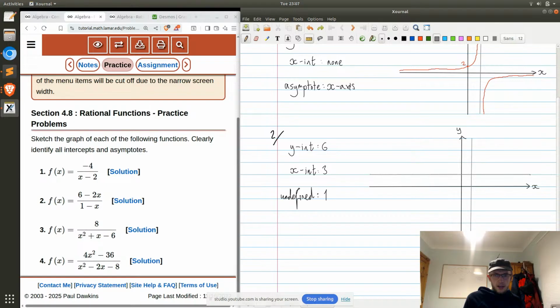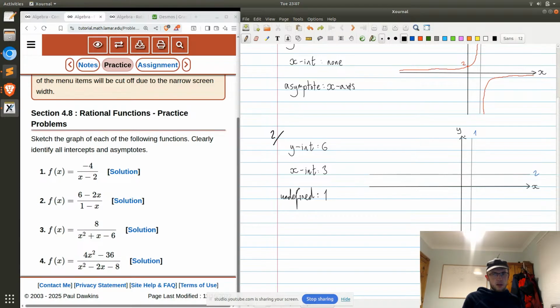So we're going to see if that's right. 2, and we'll call that 1. And what's it going to look like? The reciprocal graph. It doesn't make any sense.